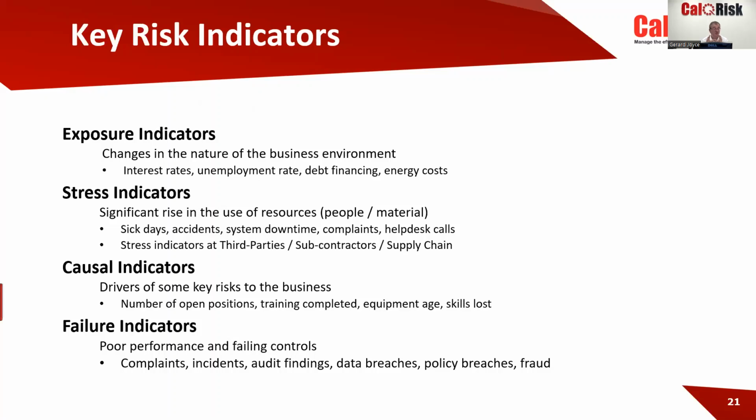I would have a stress indicator if you're dependent on third parties significantly, something that might reflect if they are being stressed, something that will tell you that. Causal indicators are, if you like, early KRIs. For example, if you measure the number of open positions, and if that is increasing, then you can imagine that in 3 or 4 months' time, those unfilled positions are being covered by other people who are now even more stressed.